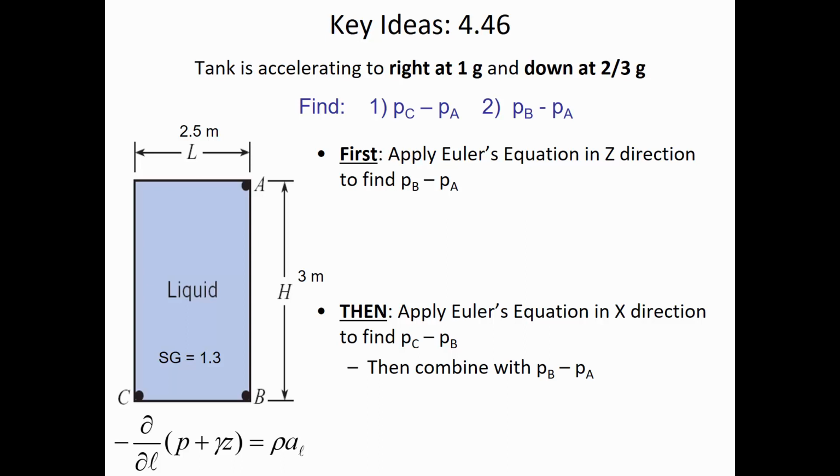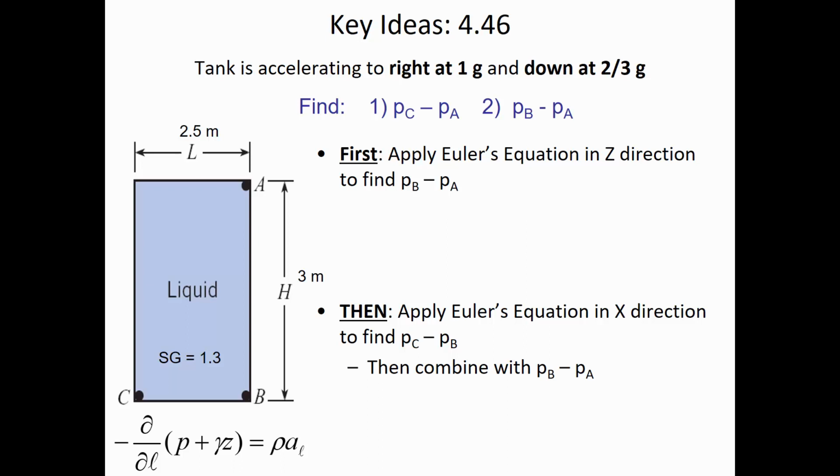Let's look at how we develop Euler's equation in the vertical direction. So it is, we're going to say P2 plus gamma z2 minus P1 minus gamma z1 is equal to minus delta z times the density and the acceleration in the z direction.